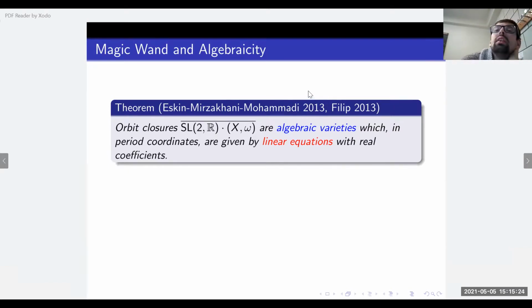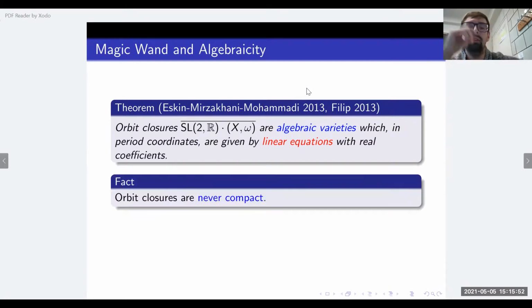Linear equations are as easy as it gets. So what this basically tells us is that even if you're doing dynamics and you're just interested in the dynamical properties of this action, very soon you'll land in the realm of algebraic geometry, because now your orbit closures are algebraic varieties.